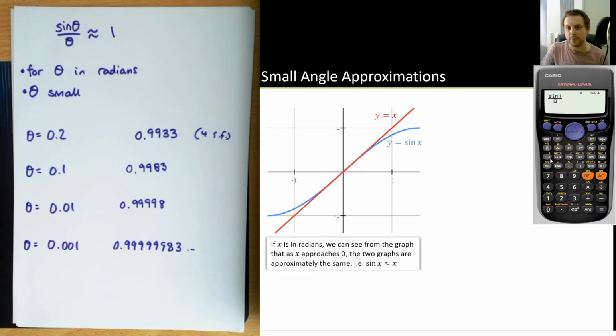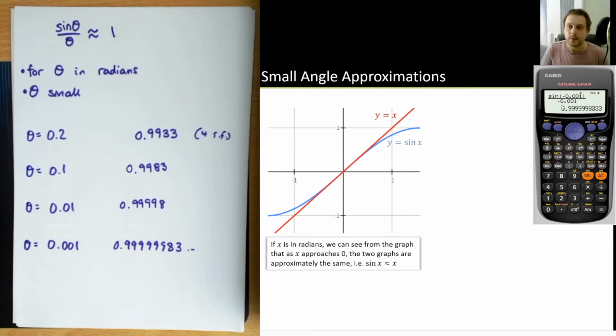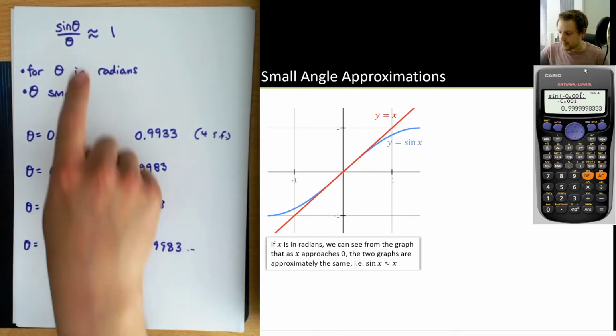If I do sine of minus 0.001 and divide that by minus 0.001, the minus sign comes to the front of sine, then cancels top and bottom, and I get the same answer as before, right?